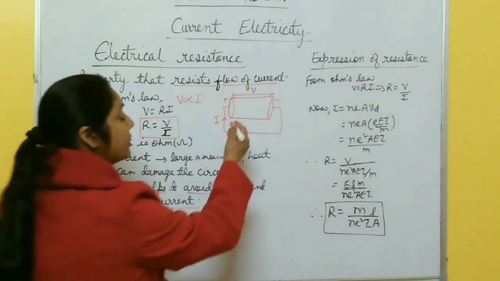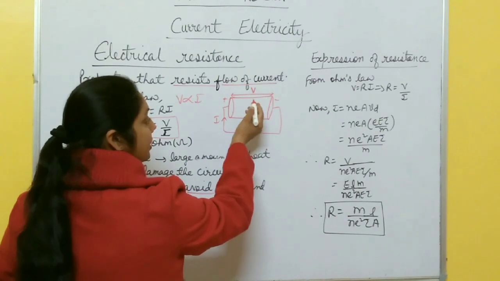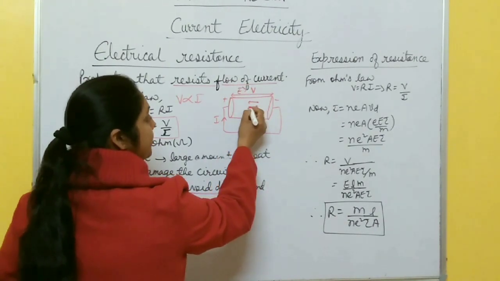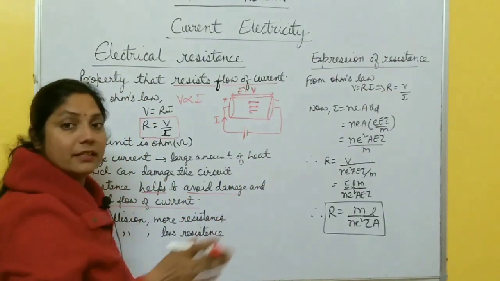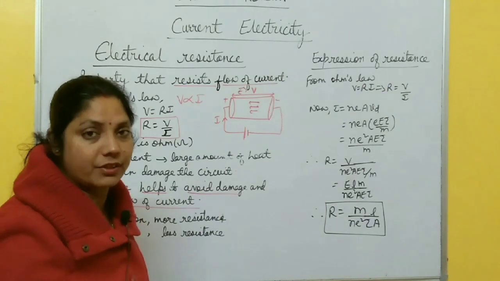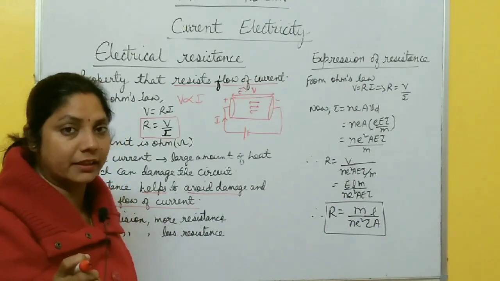When a large amount of current flows, the electrons move in the direction opposite to the electric field, that is, towards the positive terminal, and hence they collide with positive ions and their motion is restricted. It means the current inside the conductor decreases.